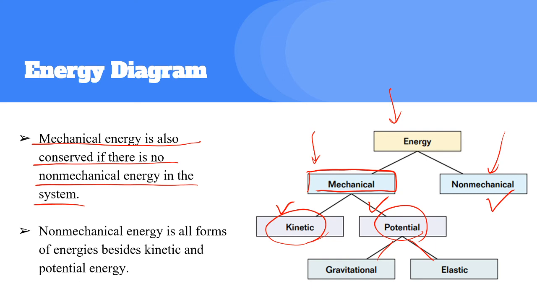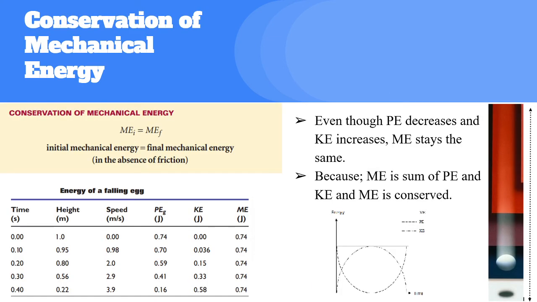All right, and what does conservation of mechanical energy state? Initial mechanical energy is equal to final mechanical energy. So let's assume that we are in space and we just drop things and there's no air resistance or anything. What's going to happen? You drop the object.